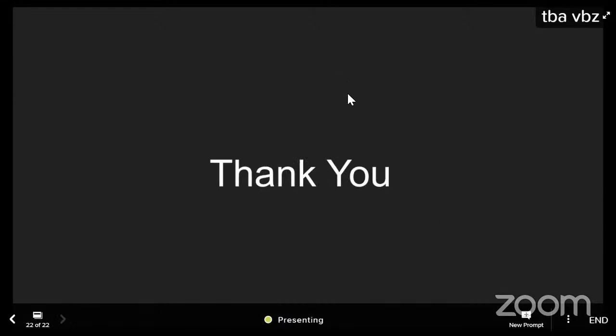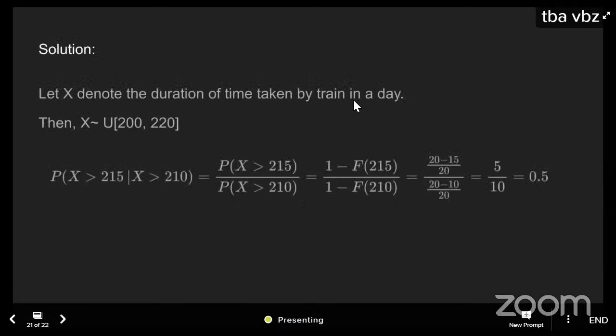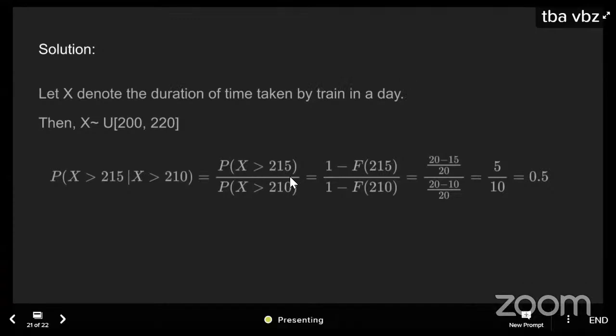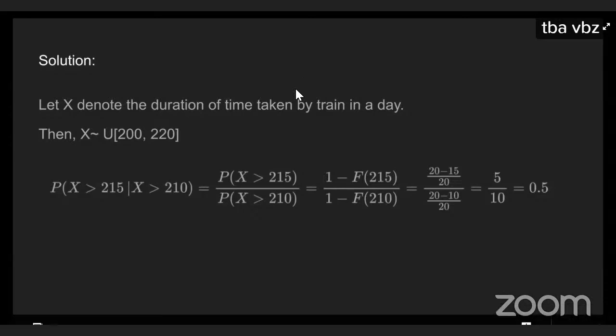In the last one, in the numerator part, it is 215 minus 200, no, sir? Okay, let me show you.